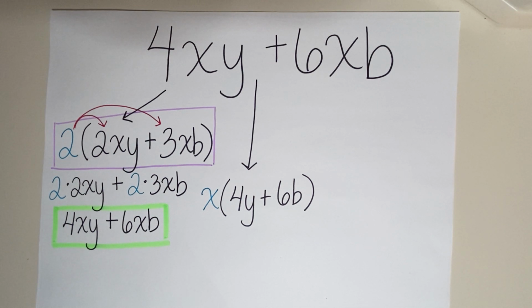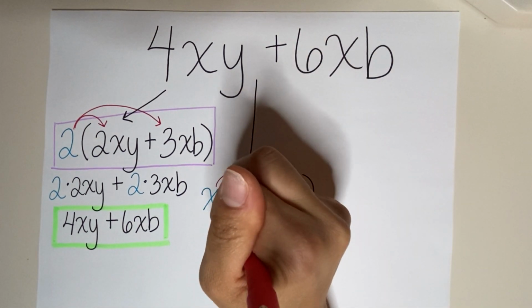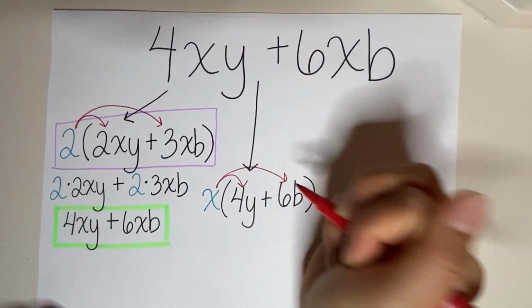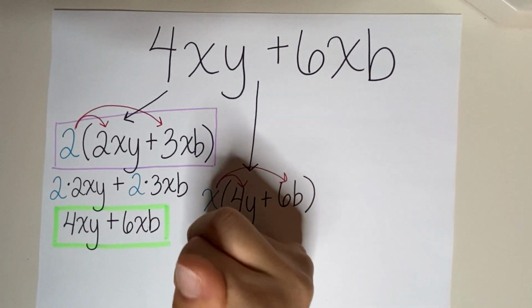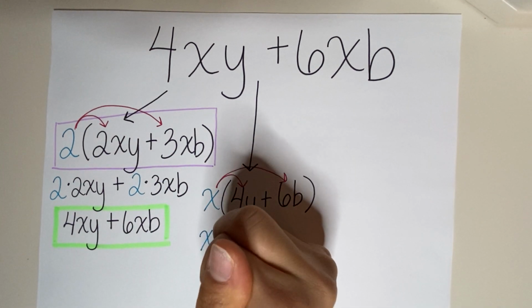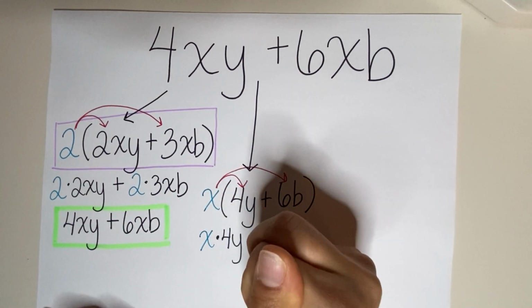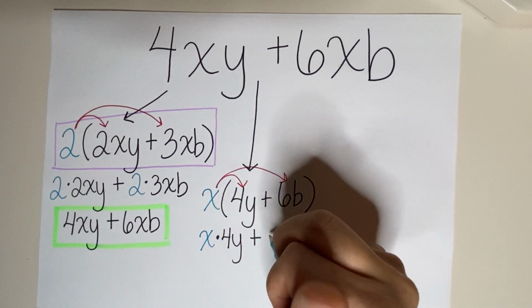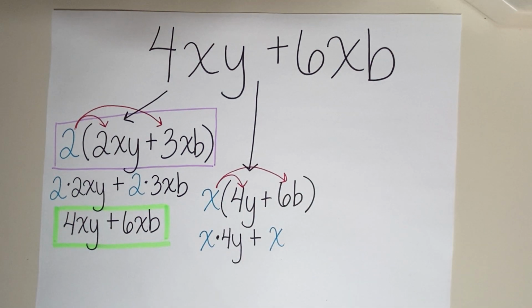And you might be wondering, is that actually going to work? Well, let me show you, using the distributive property, how I know that this has the same value as this up top. Draw my arrows. x times 4y plus x times 6b.